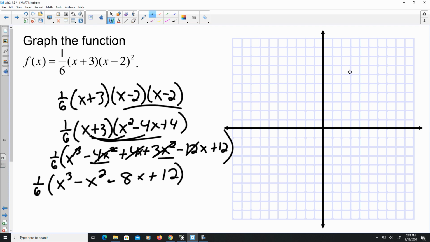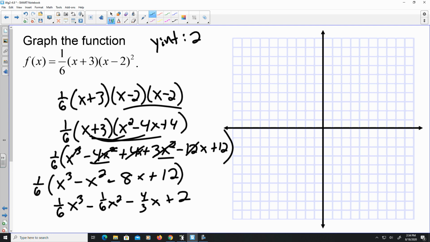And multiply everything by the 1/6. So I got 1/6 x cubed minus 1/6 x squared minus 4/3 x plus 2. So I got the constant value of 2, so that means that my y-intercept is 2. So I got that.